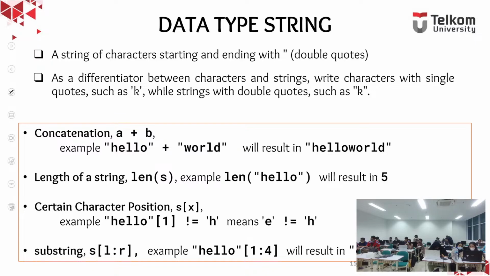And there are several operations and functions of string. The first one is concatenation. Usually we will see the plus sign for integer or real, right? But for string, what does it mean? It means that it will be concatenated, disambung, yeah.